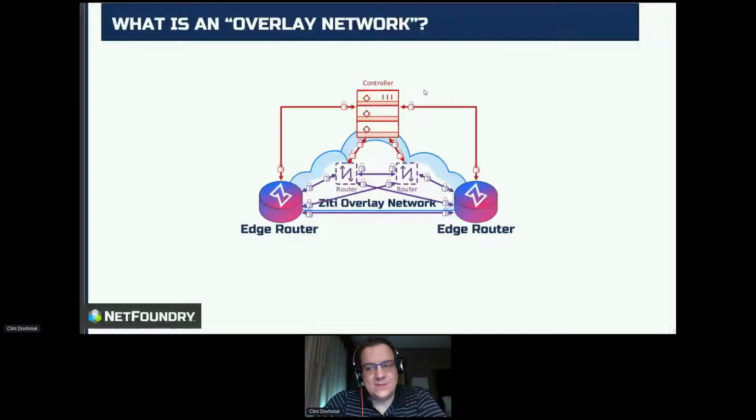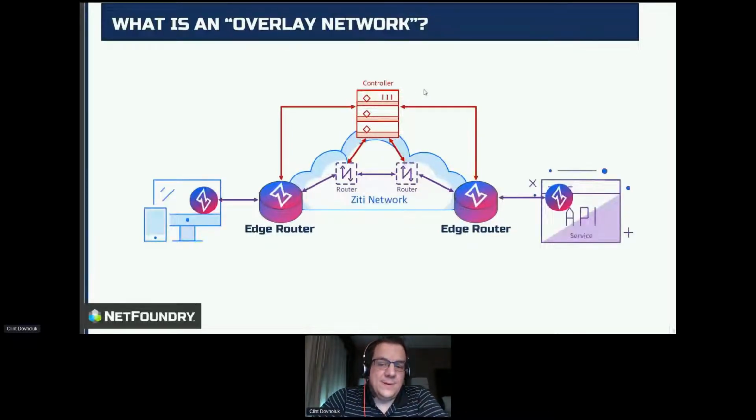This is where trust comes in that I was talking about before. That trust is established using strong identities. Those strong identities are X509 certificates. Those X509 certificates establish a mutual TLS. So the edge routers connecting to other edge routers, they have to provide certificates so that the edge router that is being connected to can verify the authenticity of the edge router connecting to it, and vice versa.